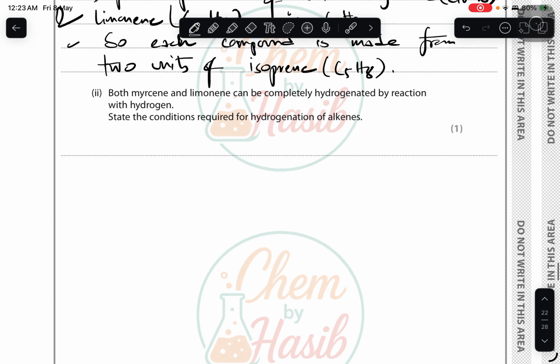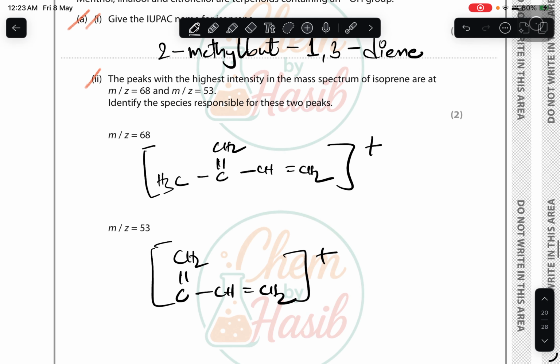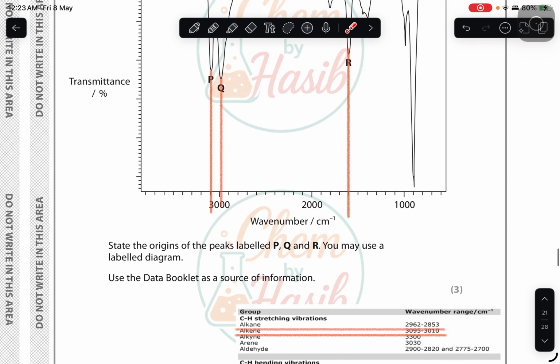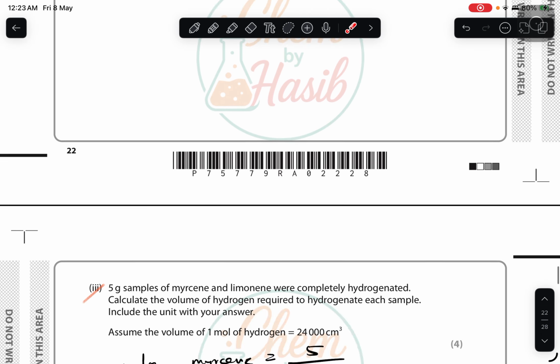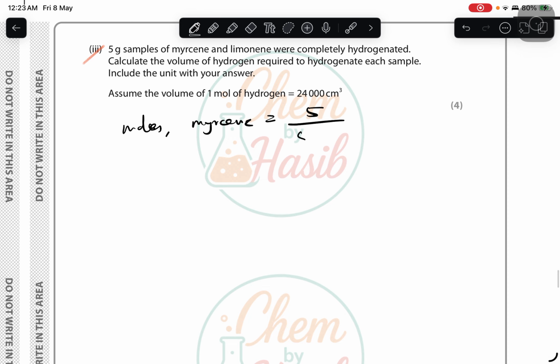The molar mass of myrcene, we found the molar mass of isoprene. So the molar mass of myrcene will be 68 times 2, right? Because they have the formula C10H16. Or you can find it from the molecular formula, which is C10H16. So this will be 5 into 12 plus 16. That's how you find the moles of the myrcene, right?